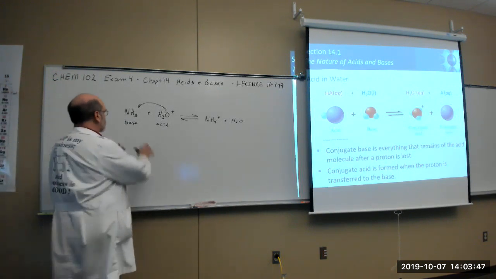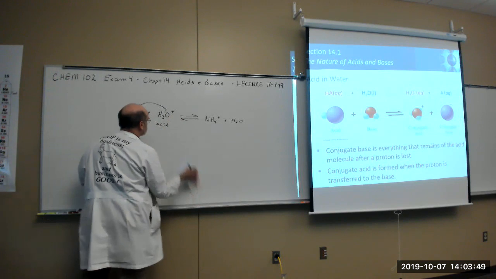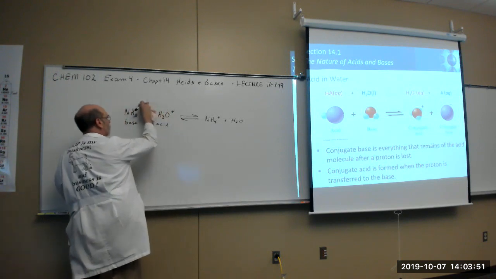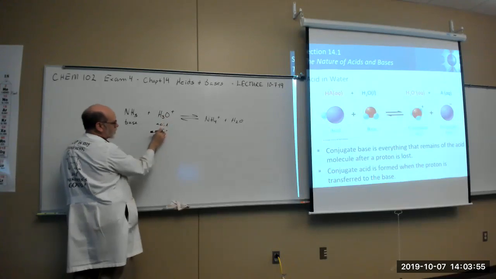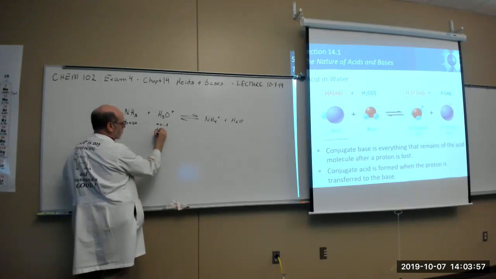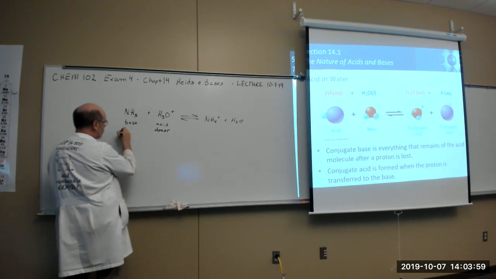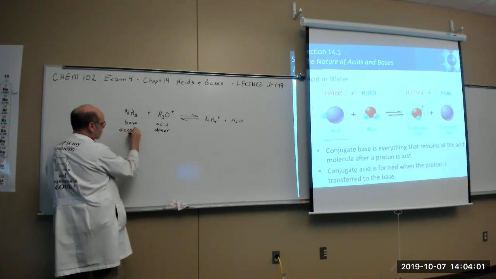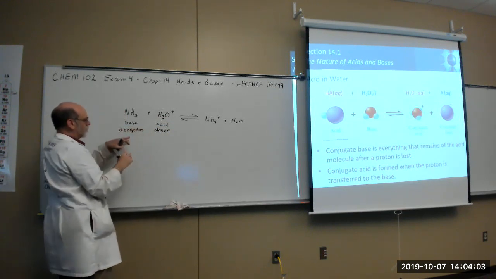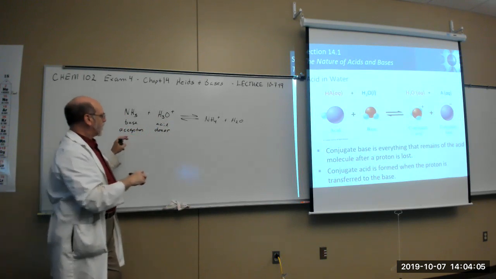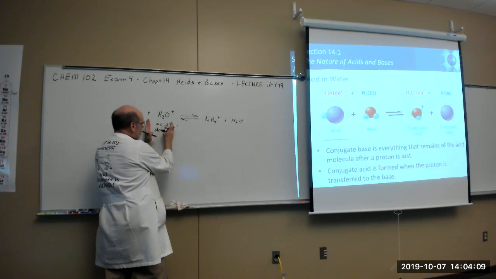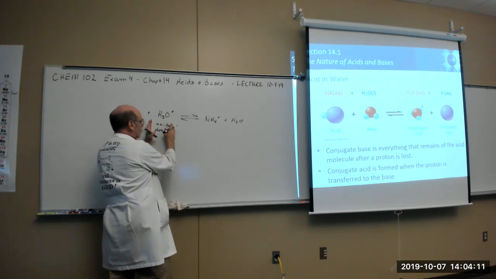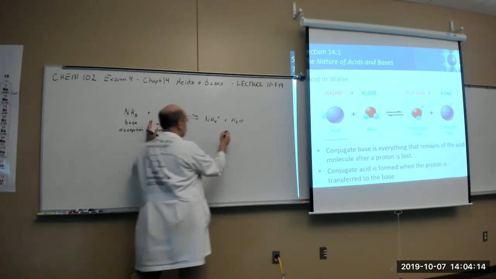But since I've already got this up here, let's say we have this, our acid, because it's the proton donor, right? This is the acceptor of the proton. Then on the product side of the equation, the proton donor, or the acid, produces a base.